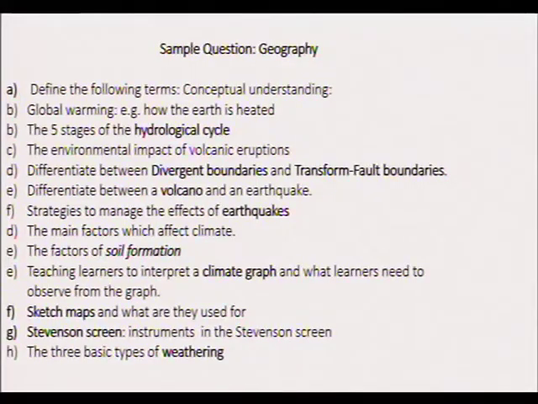Now, it's the Stevenson screen, obviously, and the instruments that one finds in a Stevenson screen, and what these instruments are used for. And then also important is the issue around the 3 basic types of weathering. You all know what weathering is all about, and then the 3 basic types of weathering and what these 3 basic types of weathering involve.